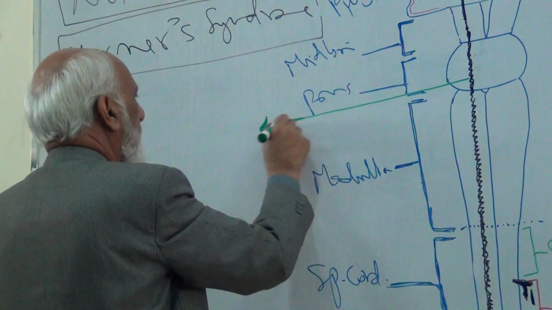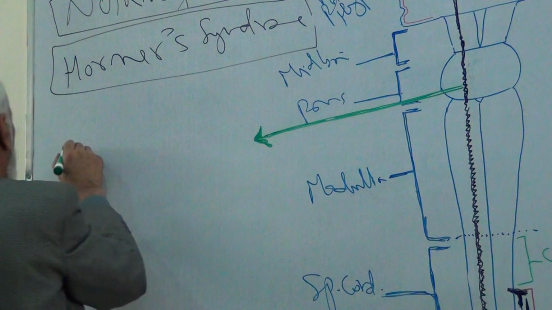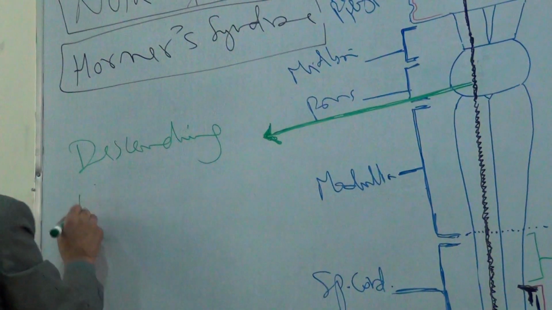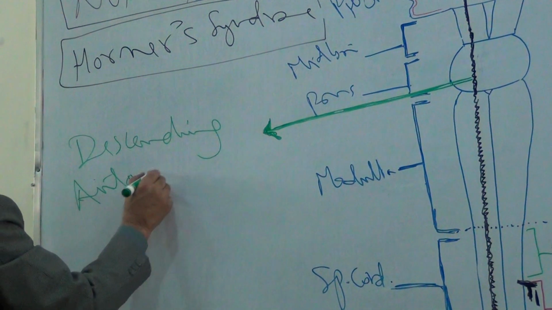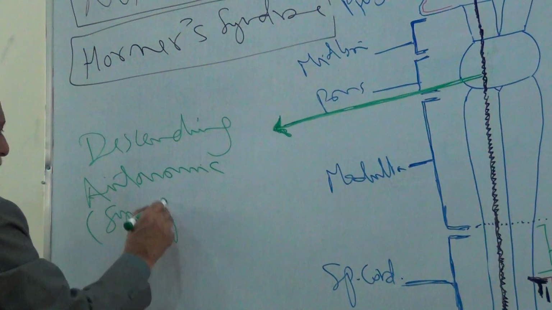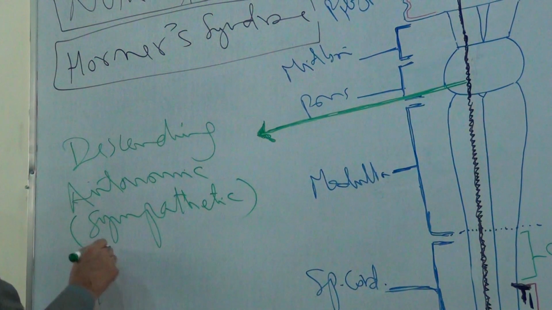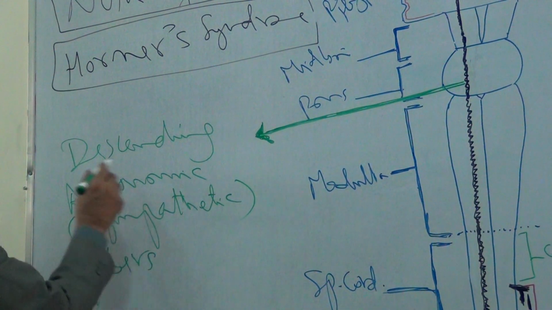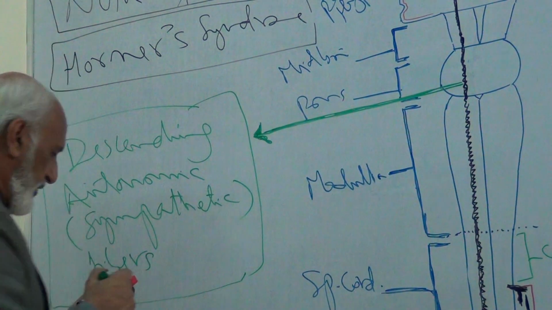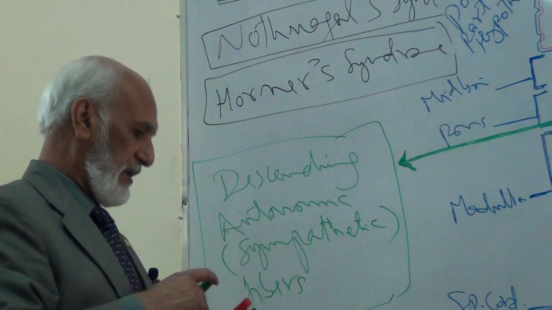These are descending autonomic, that is sympathetic, fibers, starting from the posterior hypothalamus, which controls the sympathetic nervous system.